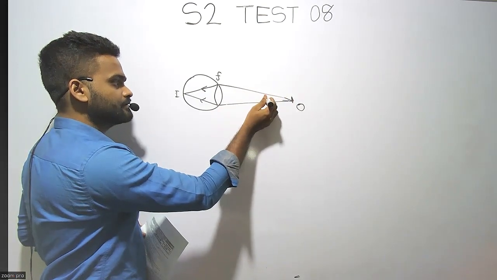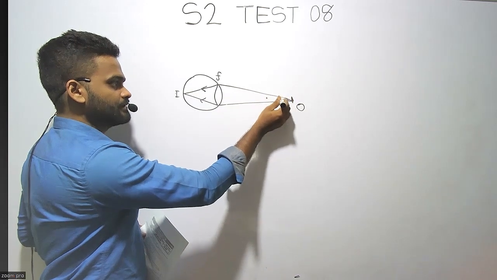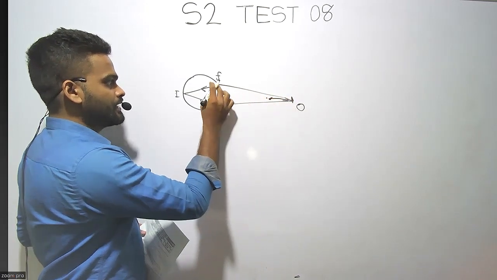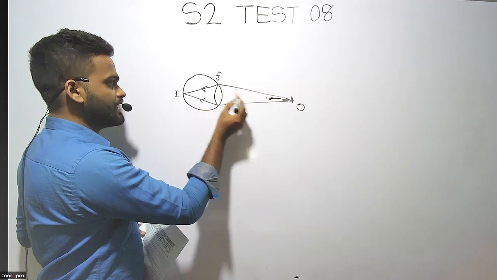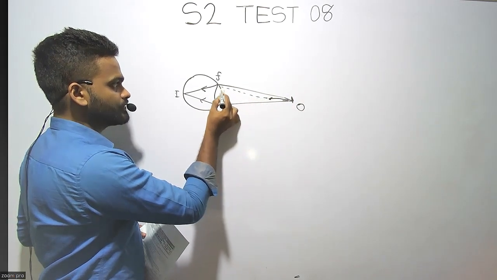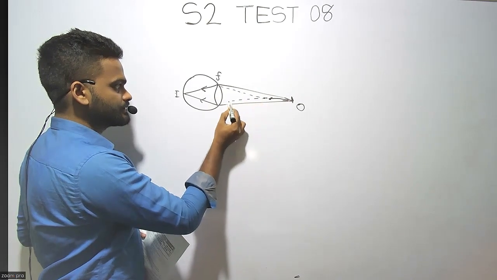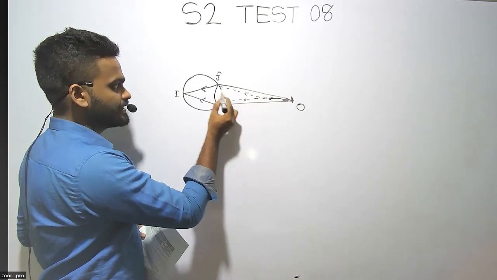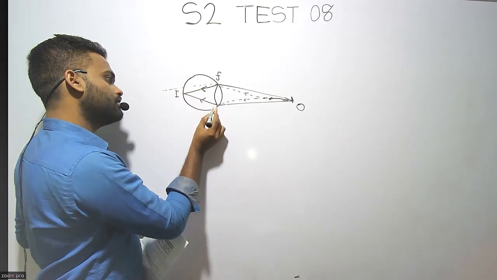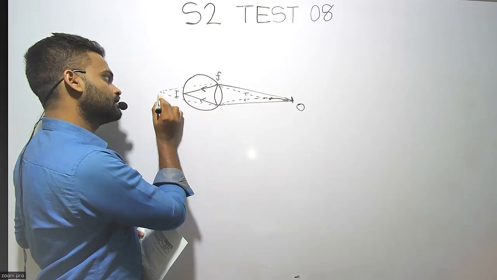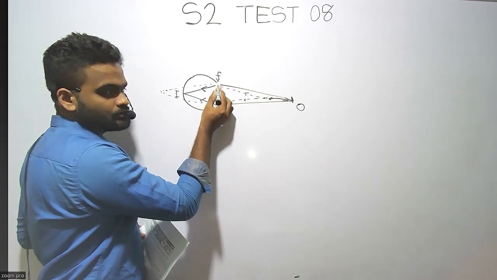let's say here, if you bring it here, I can draw the ray diagram for that case. The image tends to form at the back of the retina. So what does the eye lens do?